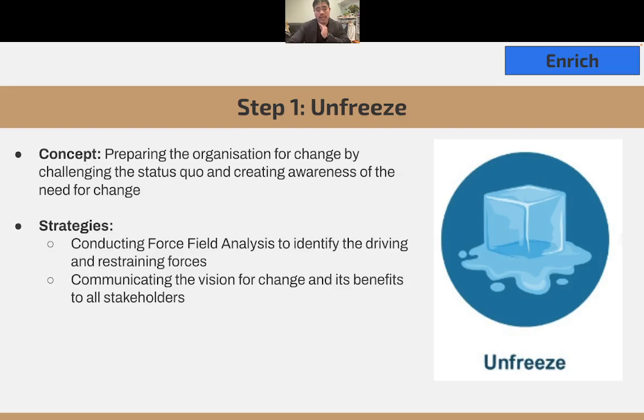That's what we were talking about in the last chapter, where you involve the team members in a participative management style. So you have what you currently have, and then you're going to change that thing. So the strategies are conducting force field analysis to identify the driving and restraining forces, communicating the vision for change and its benefits to all stakeholders. So unfreeze.